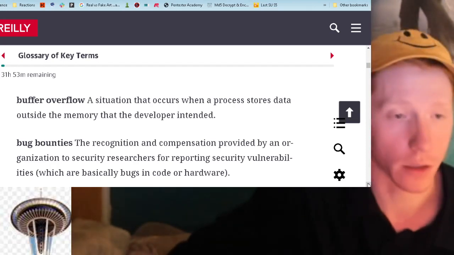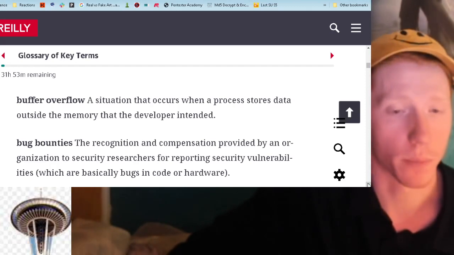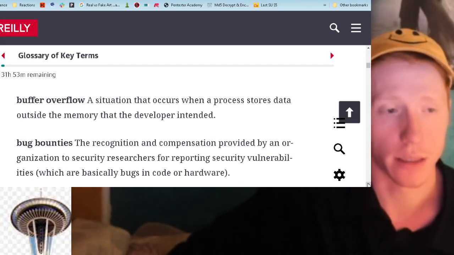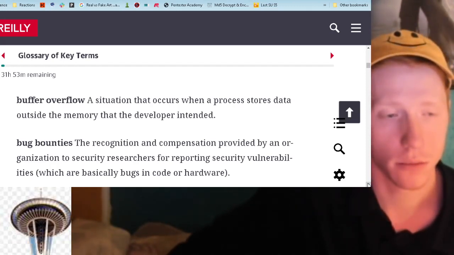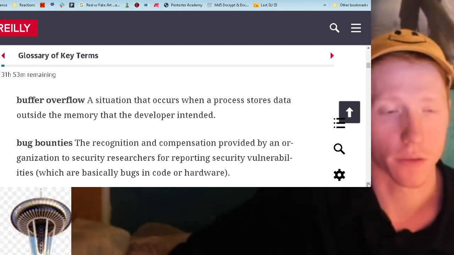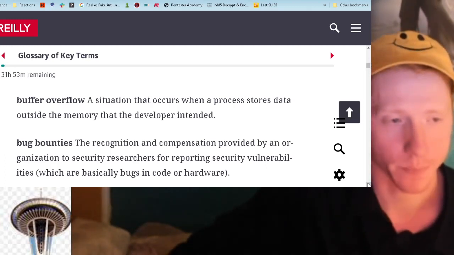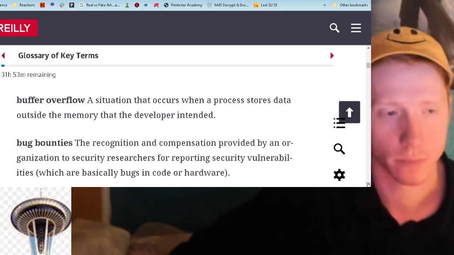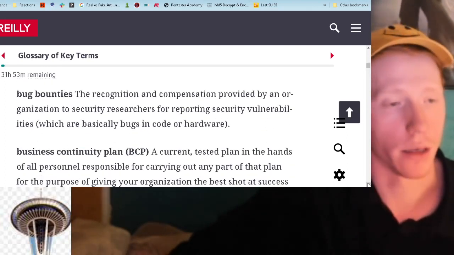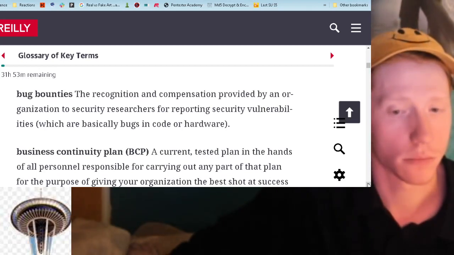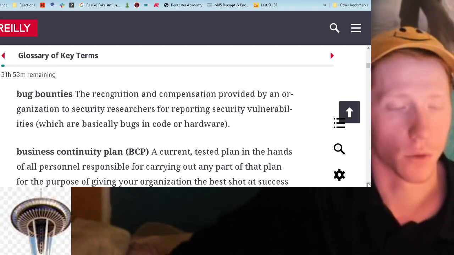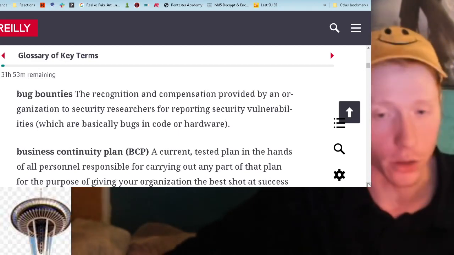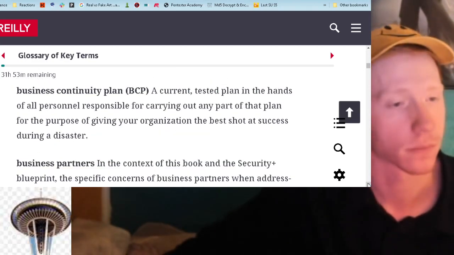And a buffer overflow is when a process stores data somewhere that it's not supposed to store it. So I think that's actually what happened in Westworld. And bug bounties are where organizations will pay you for each bug you find.